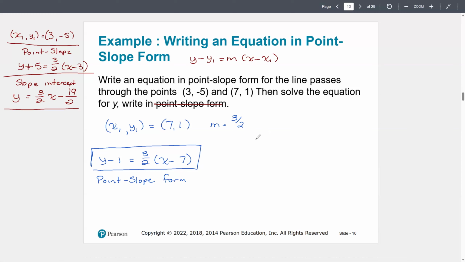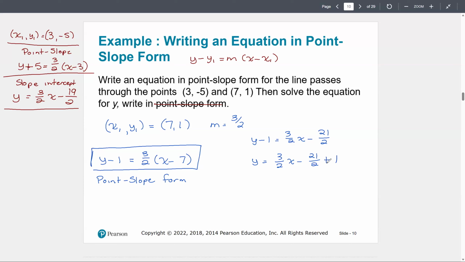And then if I solve for y, so we have y minus 1 equals 3/2 x minus, and if I multiply that over here, 3/2 times 7 is going to be -21/2. We're going to have y equals 3/2 x minus 21/2.